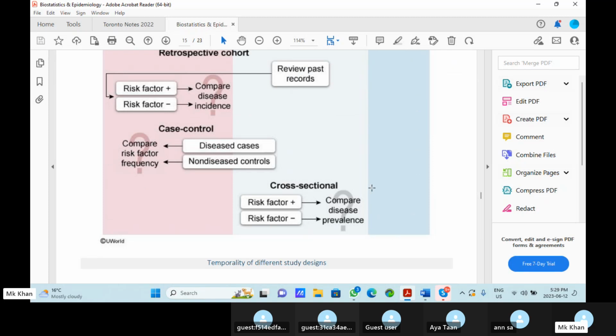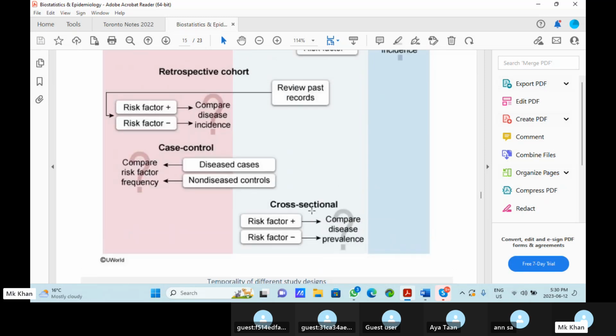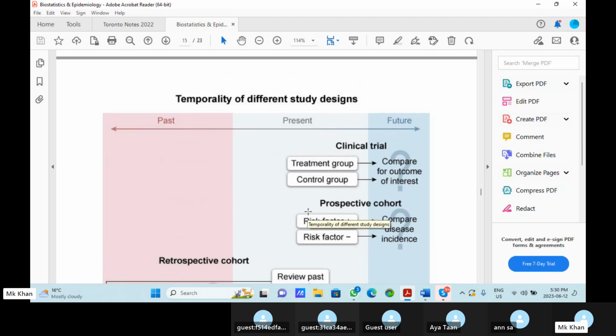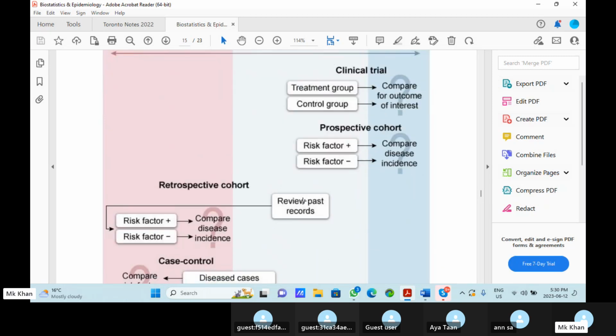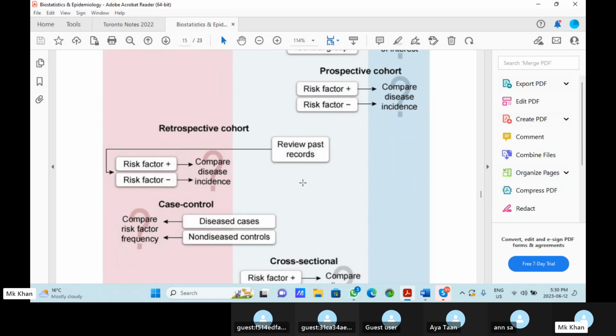We are not comparing anything in the future, and not comparing anything in the past. This is just for one point that we are comparing. Basically in this one there are usually questionnaires and surveys. So this is risk factor positive and risk factor negative, but at a given point we are not checking any other things.